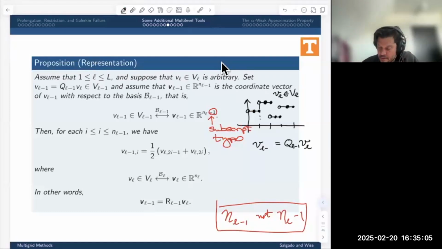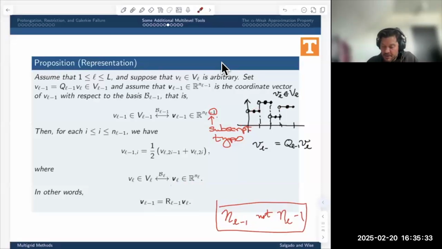These guys are little pillars, and I can think of the height as being that value right in the dead center. But I don't have to define it in the dead center; it could be just some value in this interval. All right, so that's the representation on the fine grid.